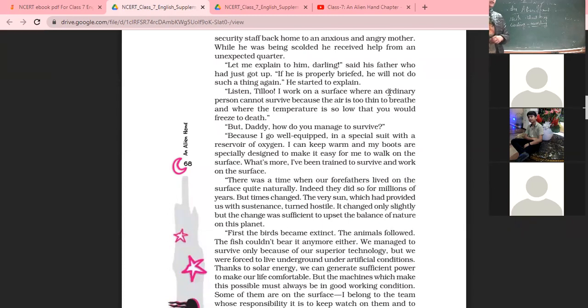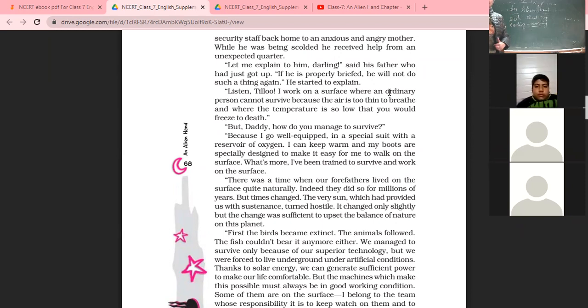So what he said that he is wearing a special type of suit. Okay, and moreover, then what? He is also going there because he had an extra supply of oxygen, that is reservoir of oxygen. And after that, his boots are specially made so that he can easily walk on the surface of Mars. And moreover, special training is also provided to him.